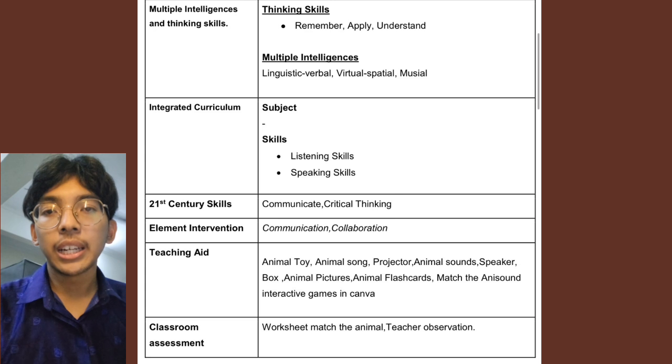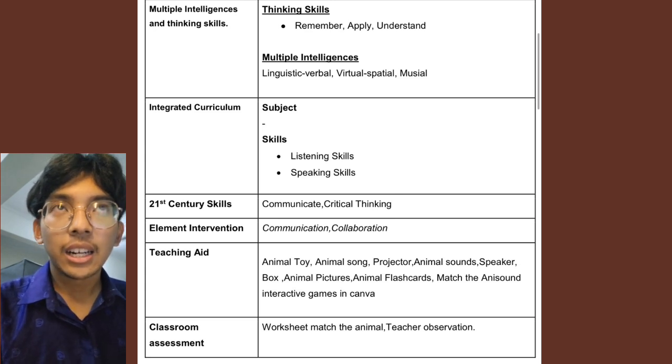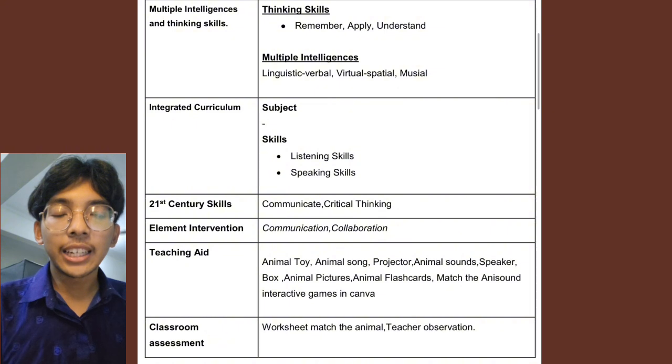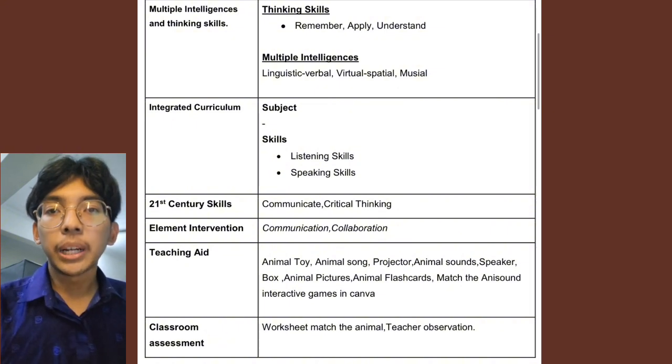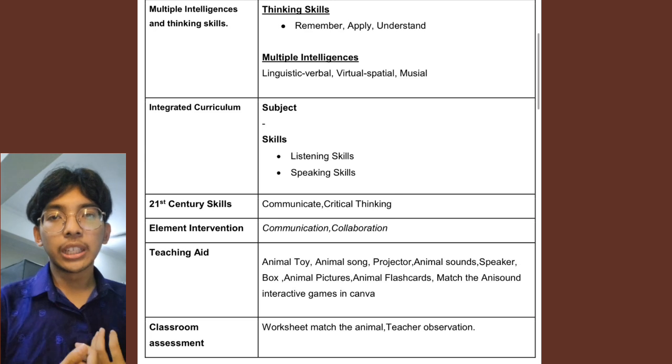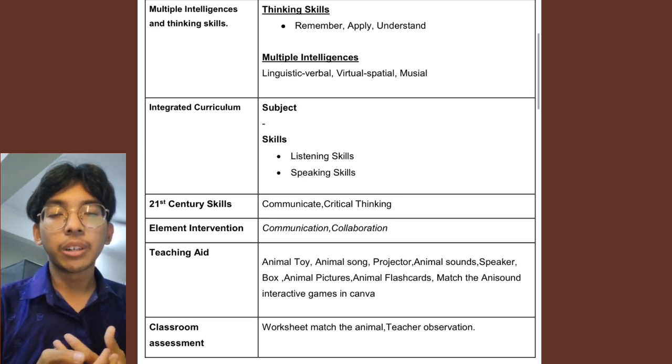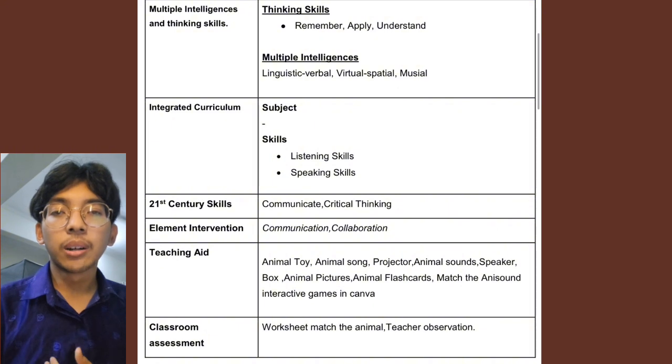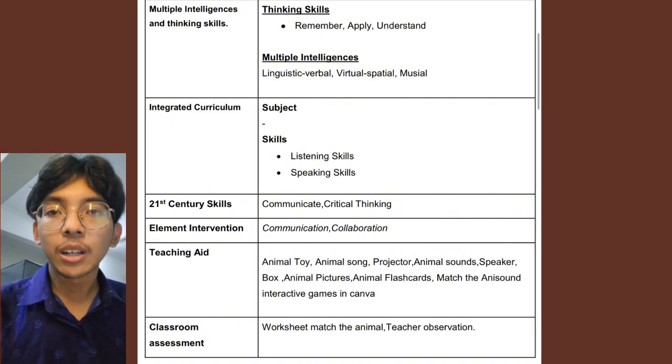The element for the intervention is communication and collaboration, and the teaching aid, as you can see, I will explain more when we go through the step by step of the learning. And the classroom assessment is a worksheet matching the animal and teacher observation.